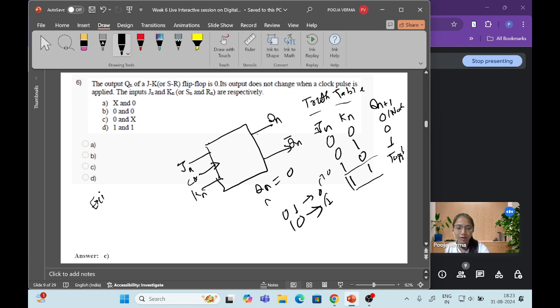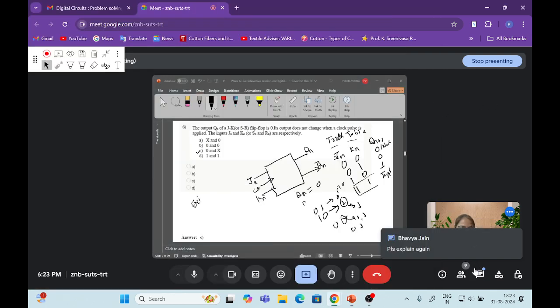If the output is 1, then when the clock pulse is applied, it will be 1 only. So option C will be there, 0 x, where x can be 0 or 1. So from the excitation table also you can check.